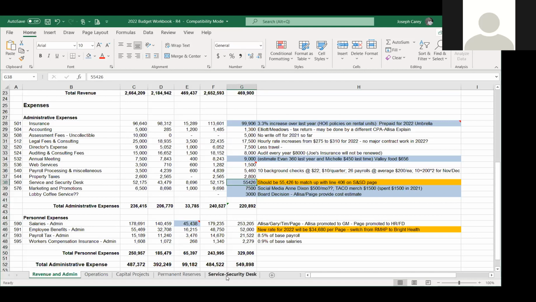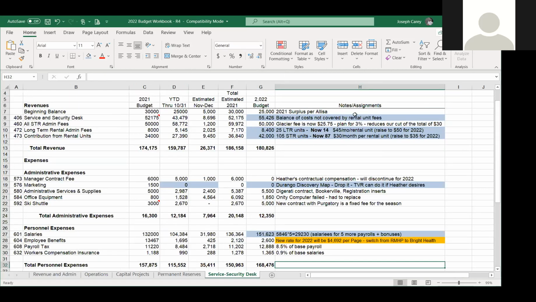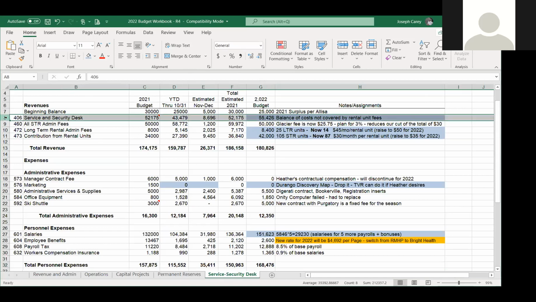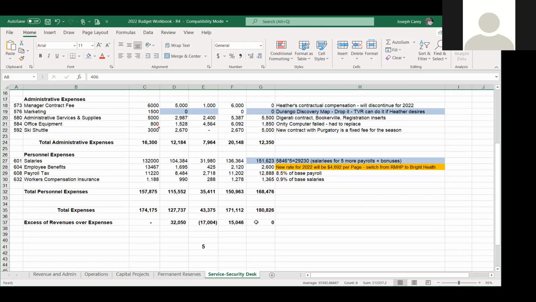I'll go there just so you can see it. It's this line right over here. So with all the other revenues that contribute to this budget, we need something to balance it out. And like the owner's assessments on the operations side, this number is a floating number, and whatever we need to plug in there to make this number be zero, that's what we put in there.